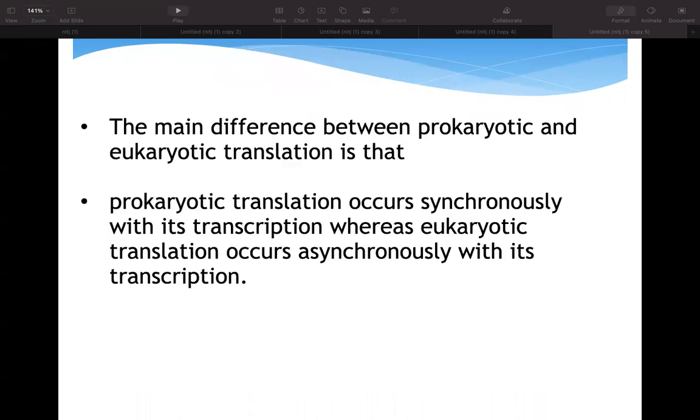The main difference is that prokaryotic translation occurs synchronously with its transcription, whereas eukaryotic translation occurs asynchronously with its transcription.